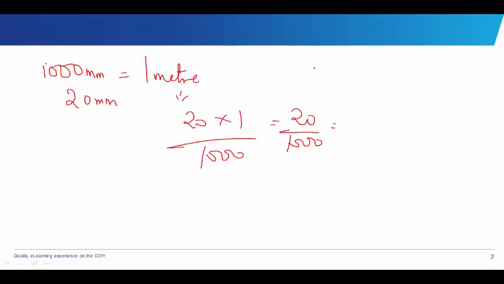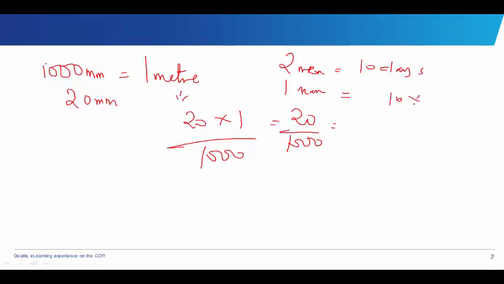Now let's take another example. If it takes 2 men 10 days to do a work, how many days will it take 1 man to do the same work? 1 man will take more days. So if more, less divides.